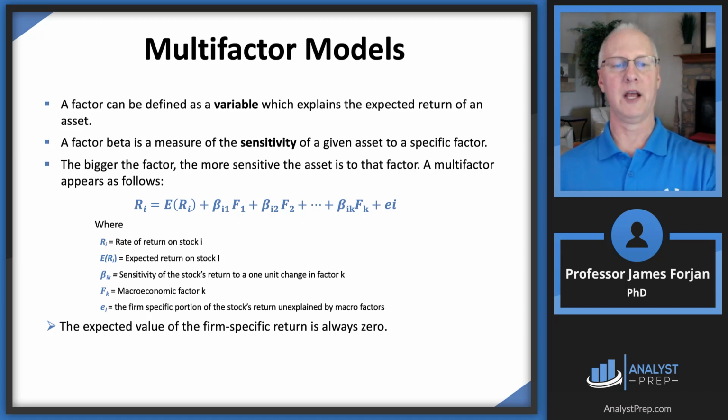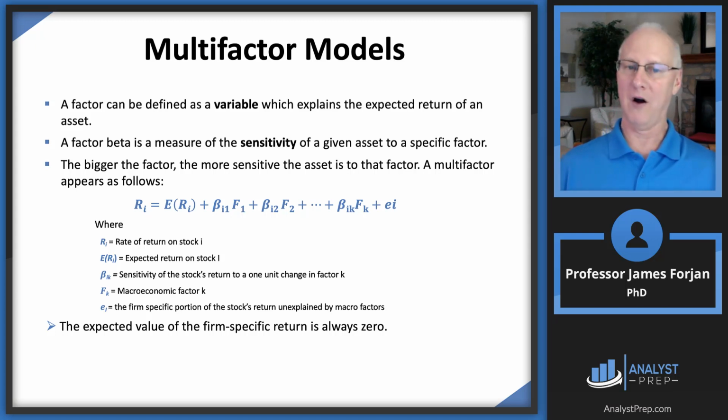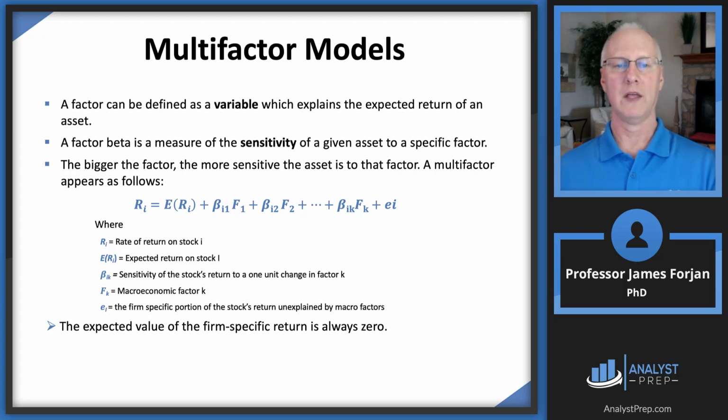Now, here's the thing. Those macroeconomic factors, those are surprise factors. All right, so if there are no economic surprises, in other words, if everything happens as investors expect, then all of those terms to the right of the plus sign, they go away, so that the return on an individual stock is equal to its expected return.